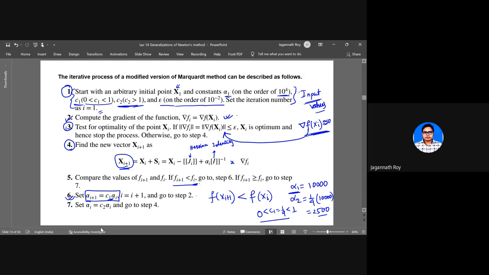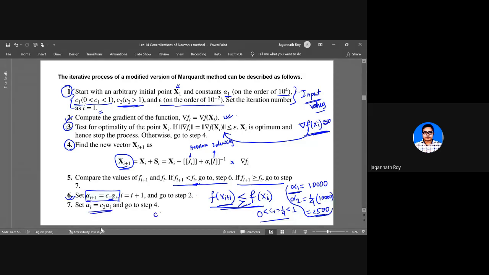These coefficients, the alpha coefficients, are defined in this way, but the condition is this: if we are going in the right direction, then we define alpha in this form. But if we go in the wrong direction, that means the next step value is actually bigger than the previous step, then we have to go for another form.